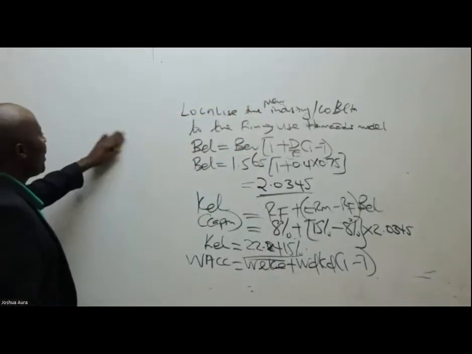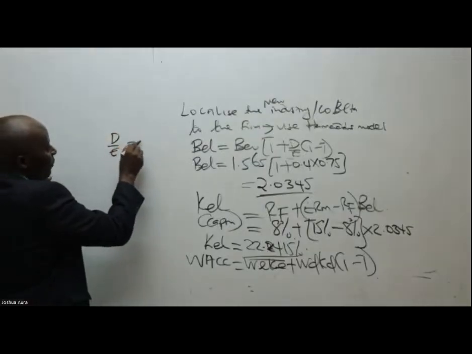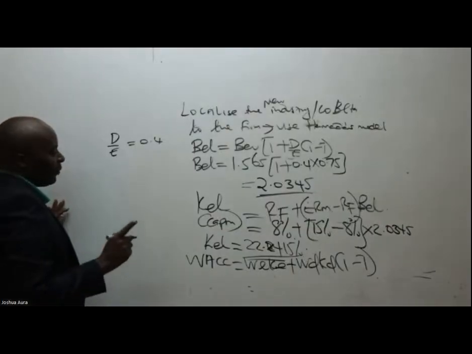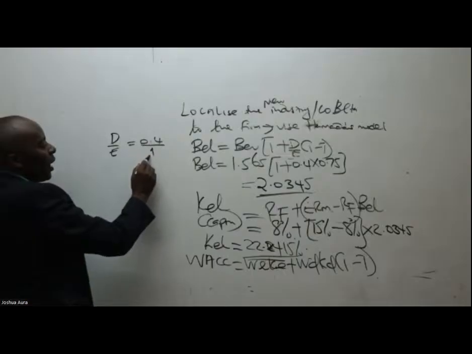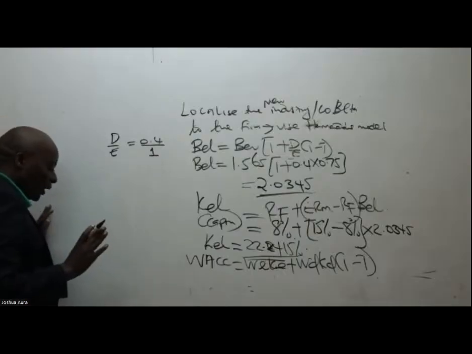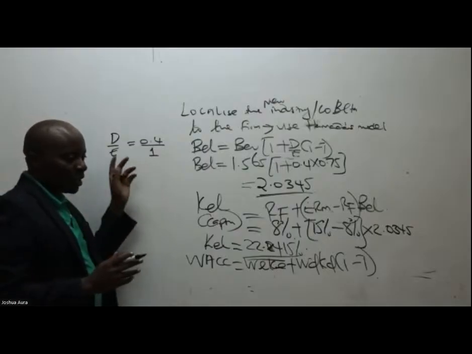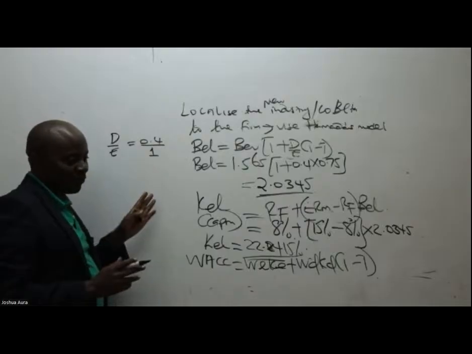When you are told here that the debt to equity ratio is 0.4, you're supposed to know that this number has an implied quotient. All the numbers, wherever they sit, have an implied quotient, which is 1. You see, 0.4 divided by 1 is 0.4.